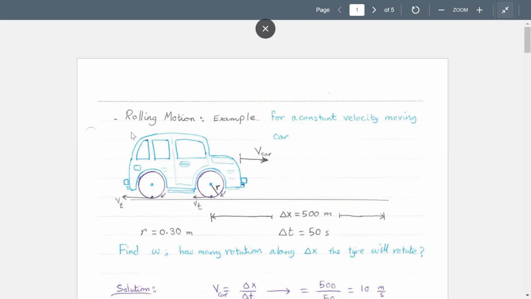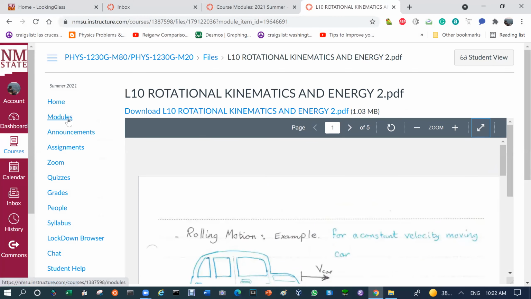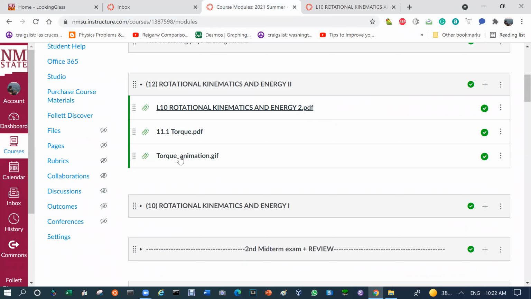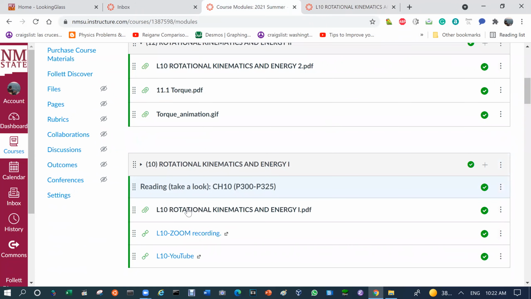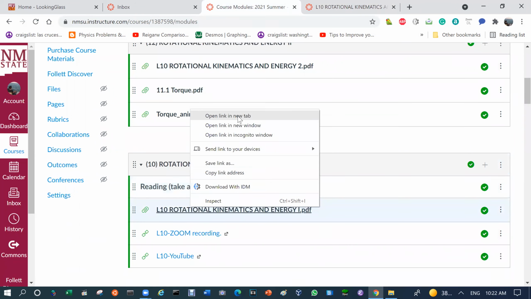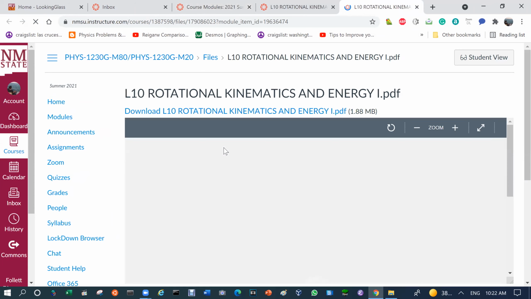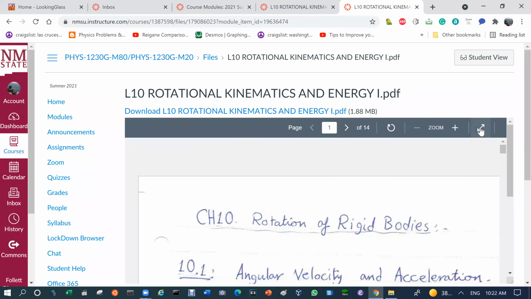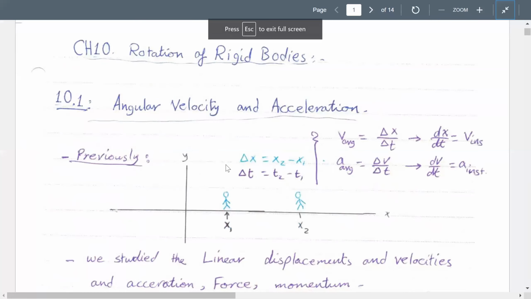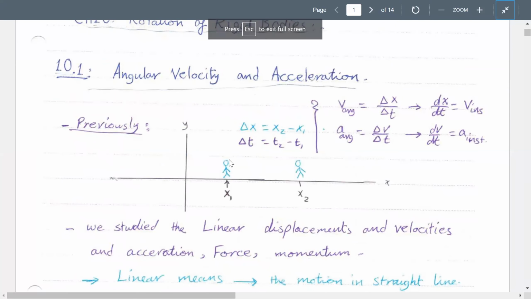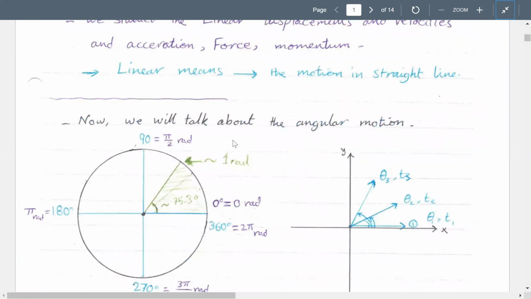Yesterday, I will remind you that we studied the rotational motion in place of the linear motion.